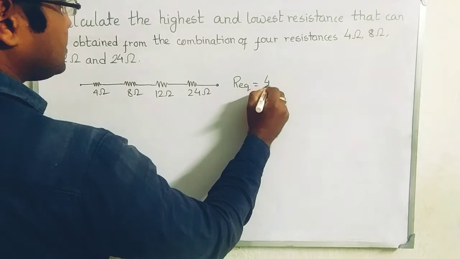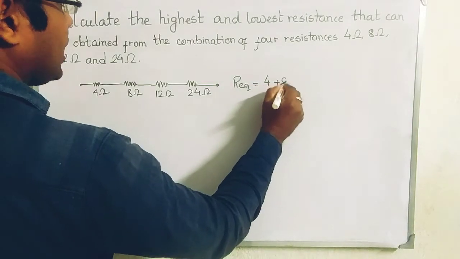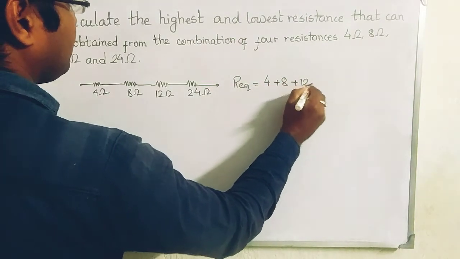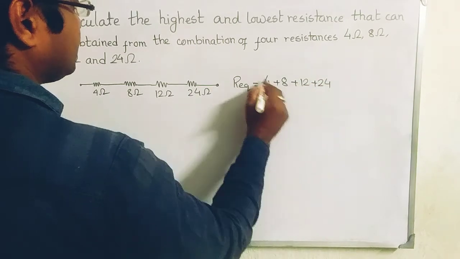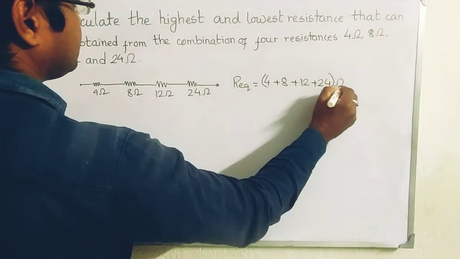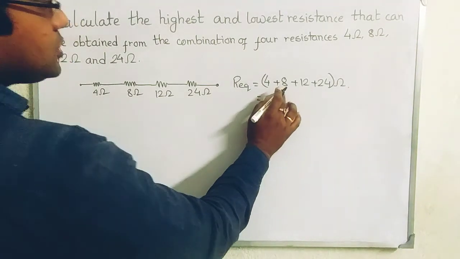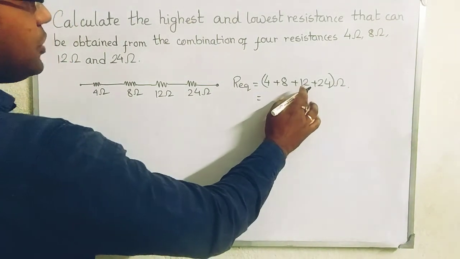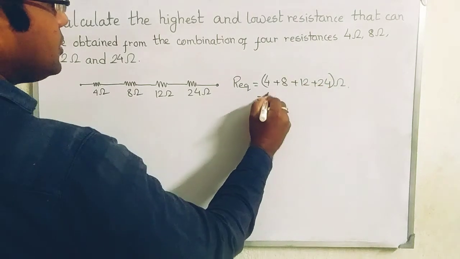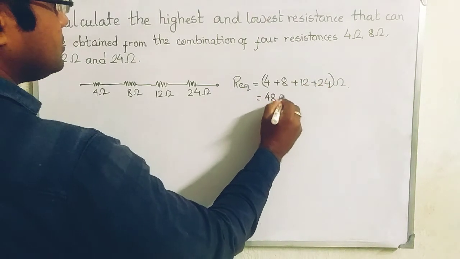So you can say that is 4 plus 8 plus 12 plus 24 ohm. So it is 8 plus 4 is 12, 12 plus 12 is 24, 24 plus 24 is 48 ohm.